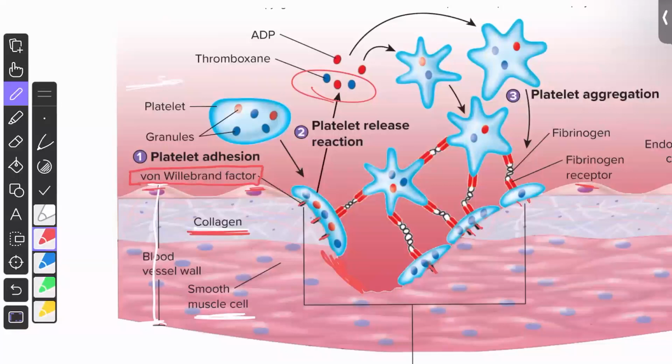Now, thromboxane causes chemotaxis. What is chemotaxis? It's attraction, right? It's basically they send out the alarm to all of the other platelets in the vicinity and say, yo, guys, we got a leak. We got to plug the leak. And so it attracts and brings in additional platelets.